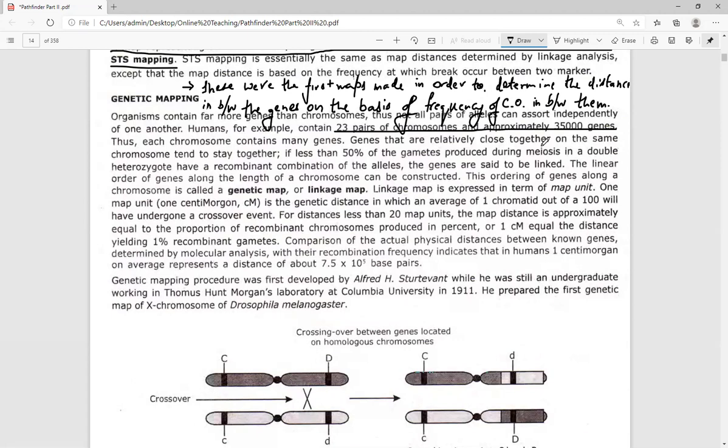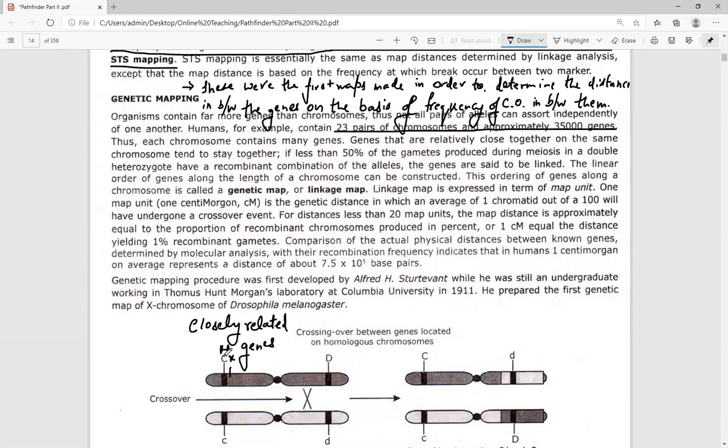Genes that are closely related on the same chromosome stay together. Supposing there is a gene X and this gene is closely related to other genes, then these genes are said to be closely related and they will stay together.